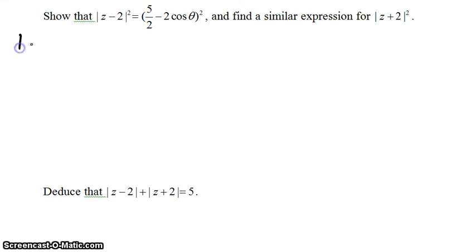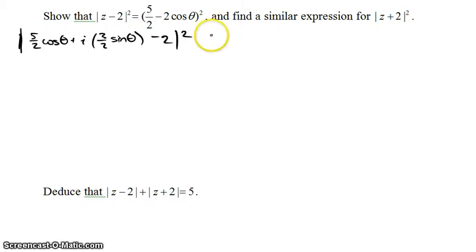So what is modulus of z minus 2? Well, this is the modulus of 5 over 2 cosine theta plus i 3 over 2 sine theta minus 2, squared. So what's that going to give us?